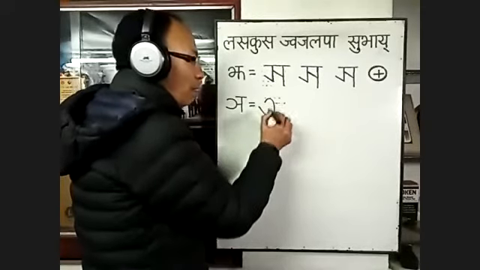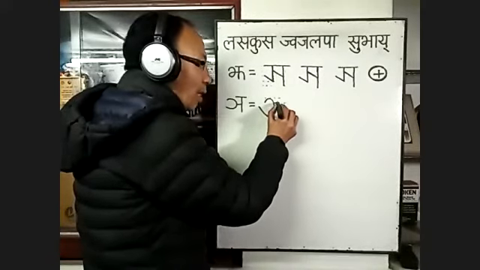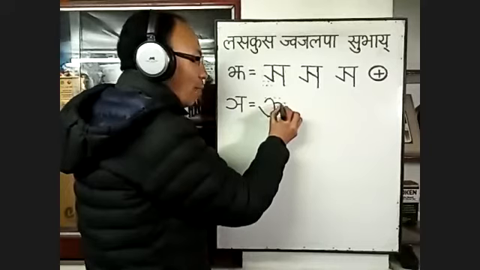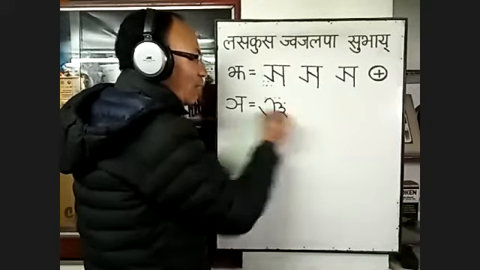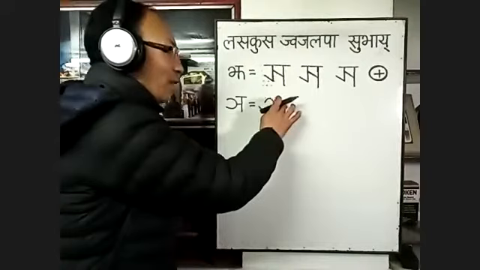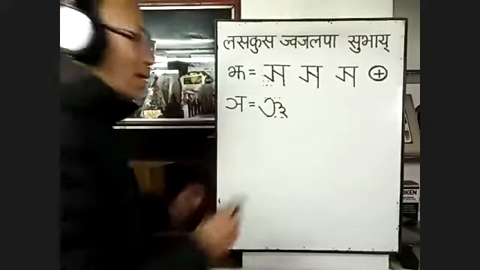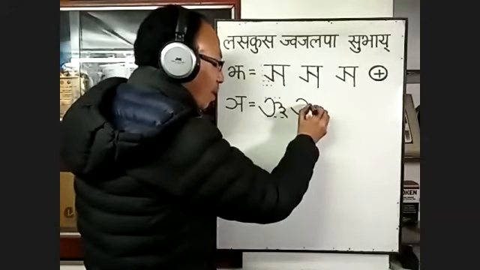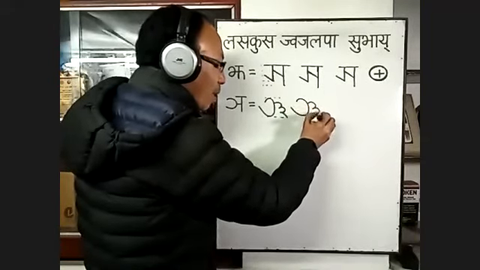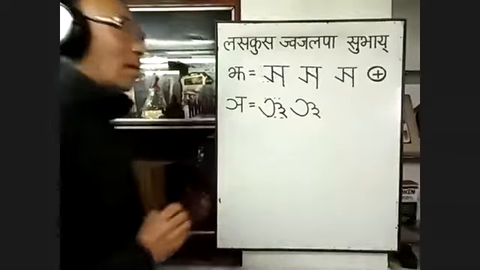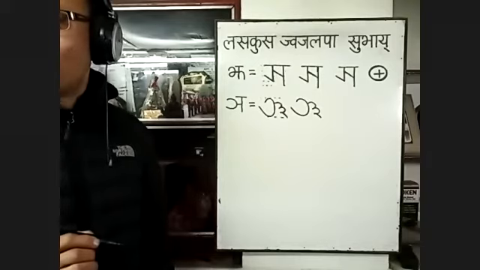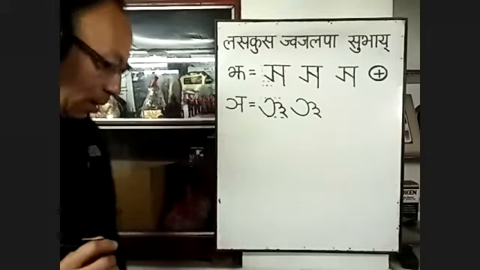Then from here, write a shape like the Devanagari three. So this kind. This is Nyo.